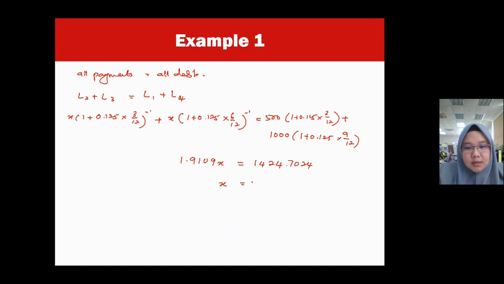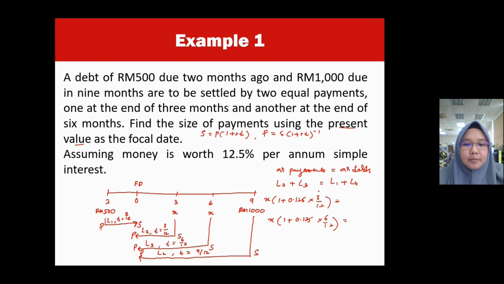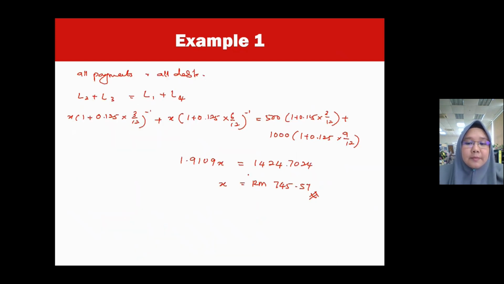Here we will get the X value is 745 ringgit 57 cents. So it means that the size of the payment that we need to pay at the 3rd month and the 6th month is RM 745.57.